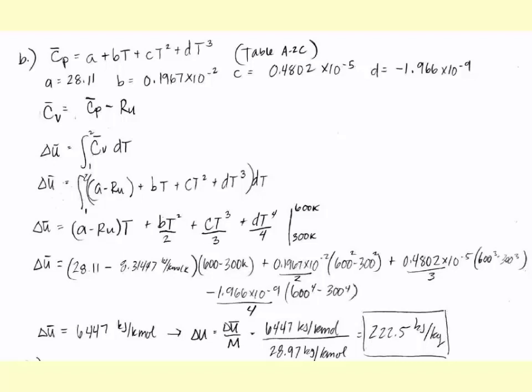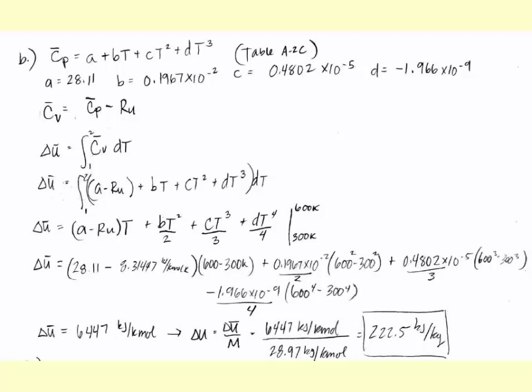And if I want to find it in terms of kilojoules per kilogram, then I just divide through by the molar mass. So delta U without a bar over it is equal to delta U bar divided by capital M. So the molar mass for air is 28.97 kilograms per kilomole.